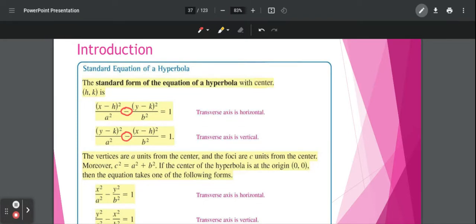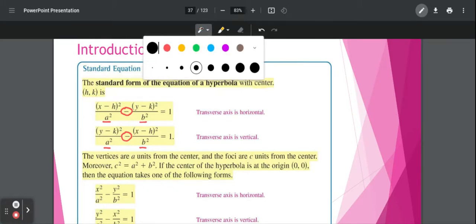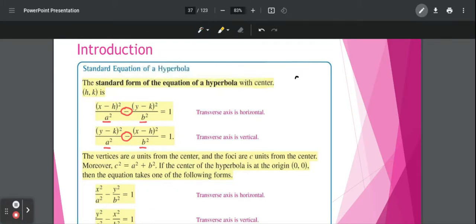And in an ellipse, your a and b values switched because a was always bigger. In a hyperbola, a squared always comes first, b squared always comes second, and a does not have to be larger than b. Remember, in your ellipse, a was always bigger, but in your hyperbola, a does not have to be greater than b.